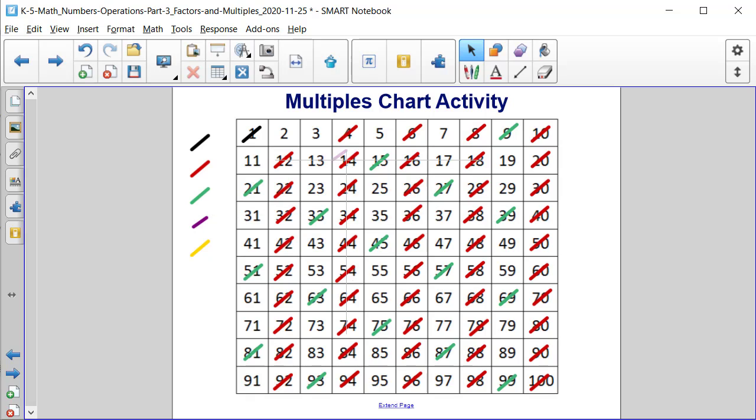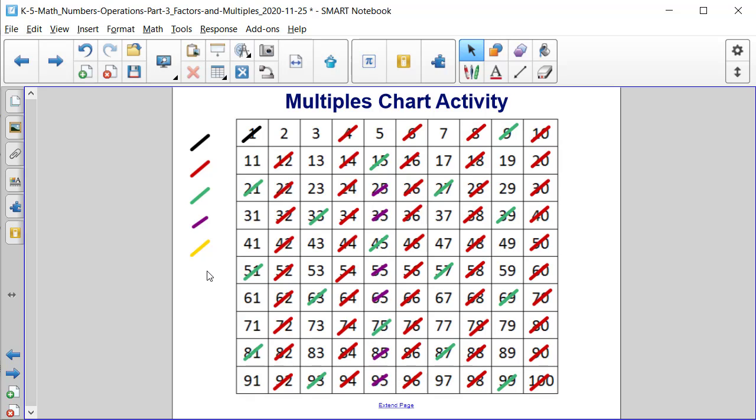So 10, 15 is taken care of, 20, 25, 30 is already taken care of, so then 35, 40 is already taken care of, so it's 45, and then 50 is already crossed out, so then 55, 60 is already crossed out, so 65, then 70, 75, 80, 85 is next, and then 90 is crossed out, and then 95 will be the last multiple of 5 remaining.